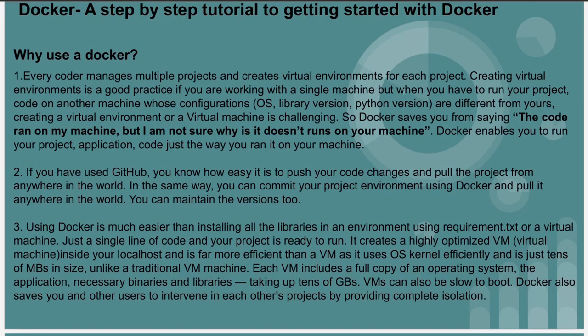But when you have to run your project code on another machine whose configuration, OS, library versions and Python version are different from yours, creating a virtual machine is challenging, because you have to do a lot of configuration. So Docker saves you from saying, okay, the code ran on my machine, but I am not sure why it doesn't run on your machine.